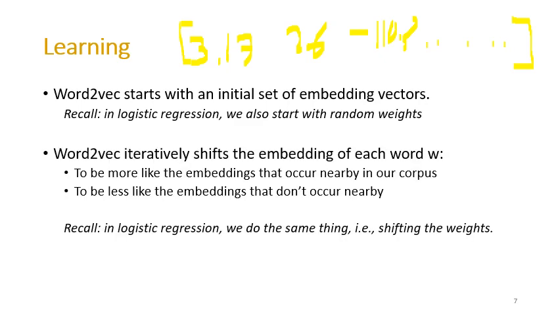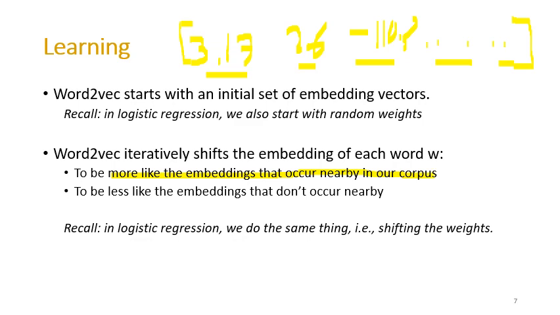Then what word2vec does is that it iteratively shifts the embedding of each word, the vector of each word, to be more like the embeddings of the words that occur nearby in the corpus.